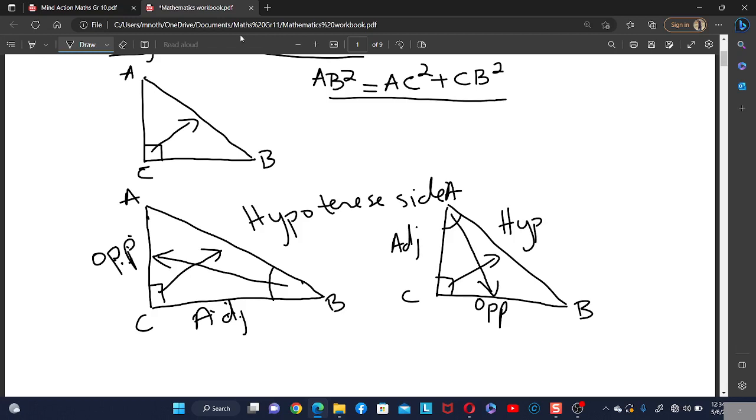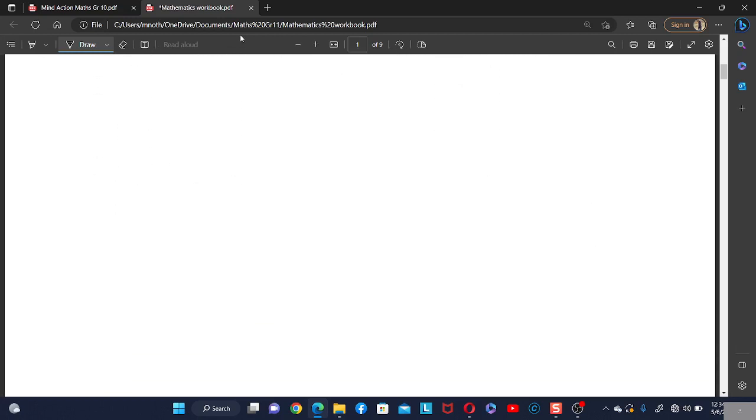So actually in grade 10, what we focus on the most is the trigonometric ratios. We have what we call the trig ratios. We use the trig ratios to determine the relationship between the sides of the right angle triangle.